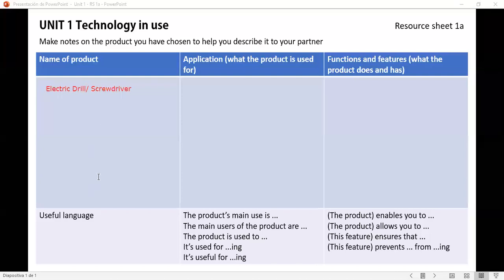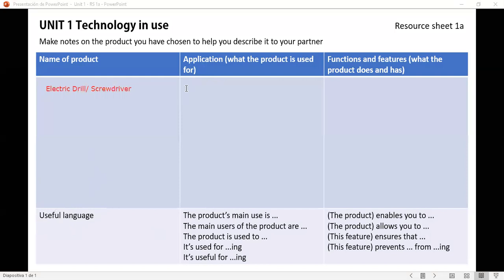So below, you have useful language, okay? And we have some phrases. The product's main use is, the main users of the product are. So let's talk about applications, in parentheses, what the product is used for.